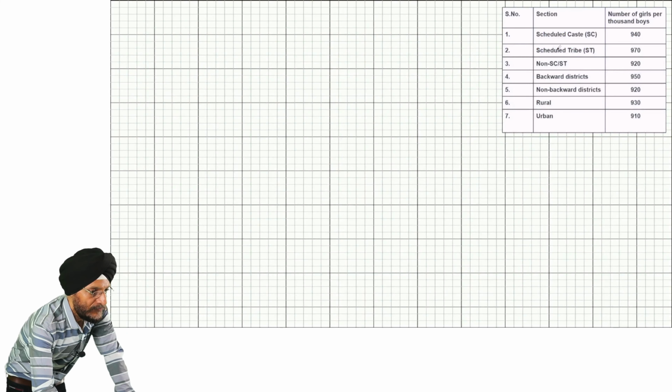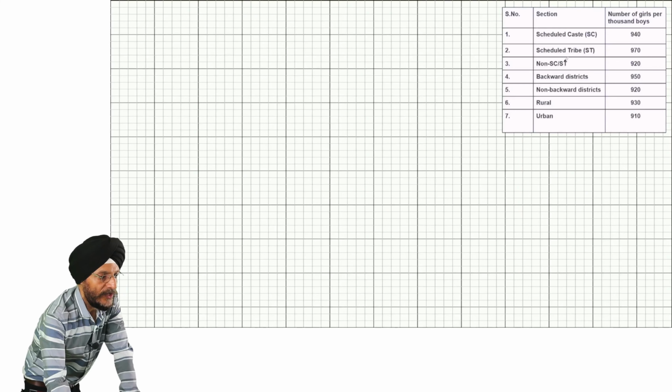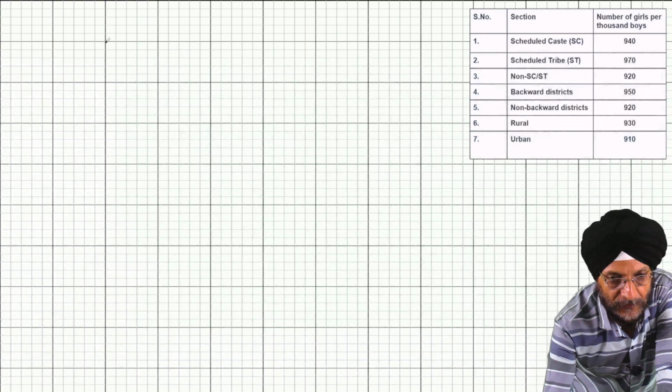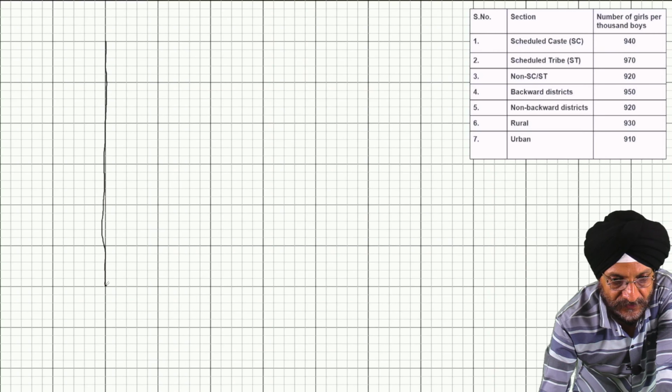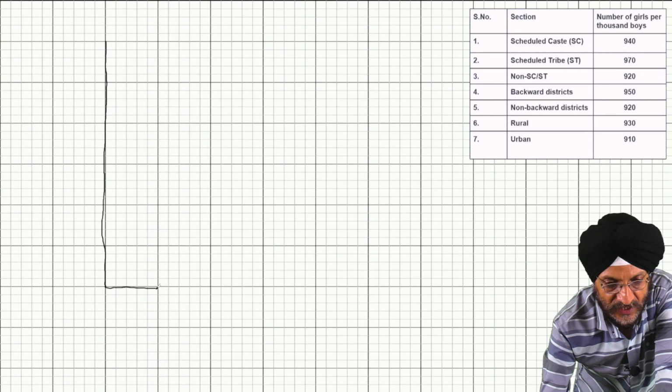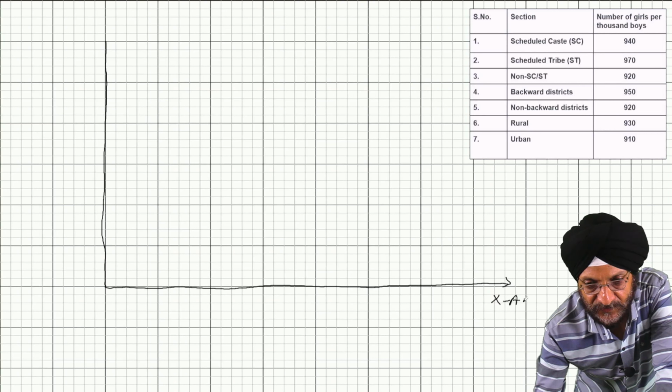So now let us start. Here we have the information which was given in the table, and now we are to prepare the bar graph. So here we draw the straight line which is known as the y-axis. This line which we are now drawing is known as the x-axis.